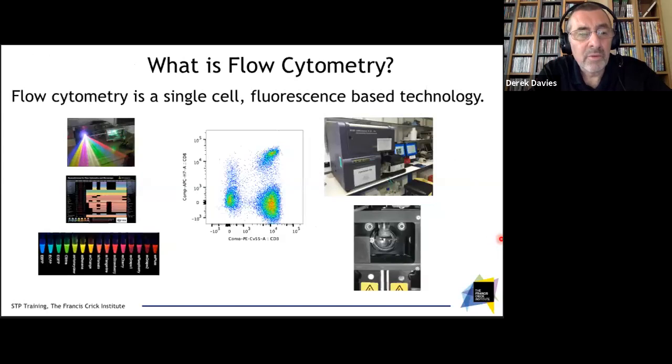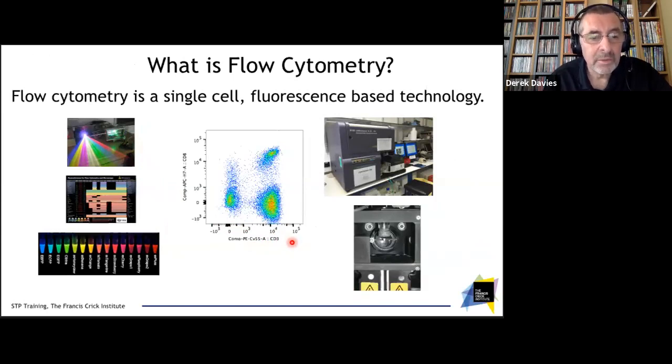So hopefully you all know what flow cytometry is. It's a fluorescence-based single cell technology. And we know that we can devise quite complex experiments because the number of lasers that we have at our disposal, the number of fluorochromes and fluorescent proteins enable us to do all sorts of fancy things. So here, just simply looking at CD3 and CD8. It's not all about phenotyping, as we'll see.